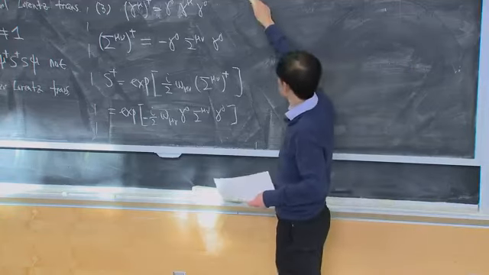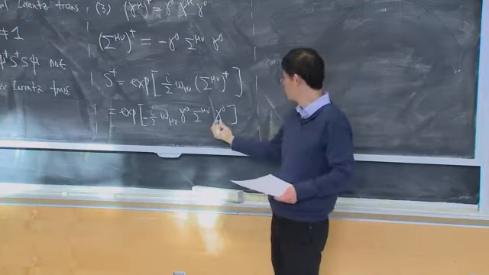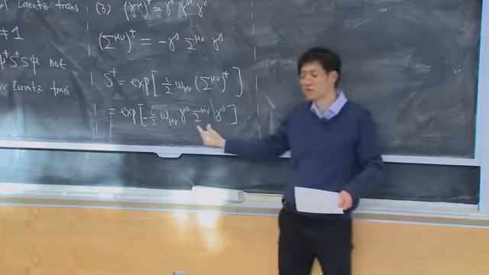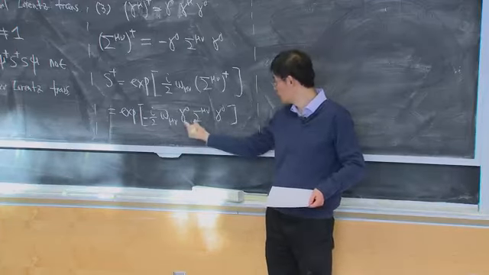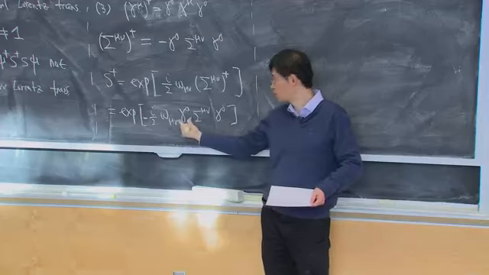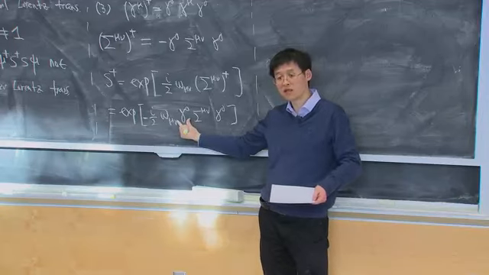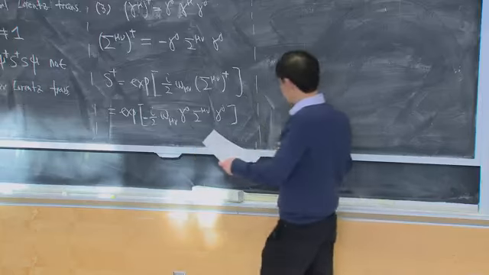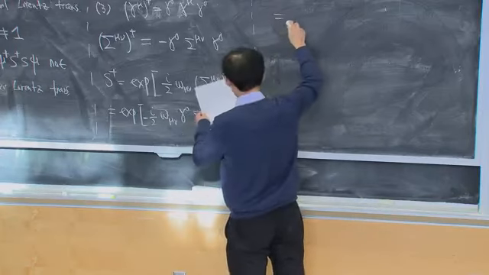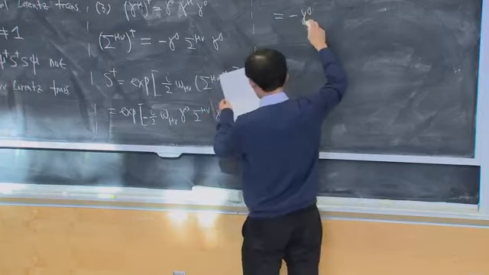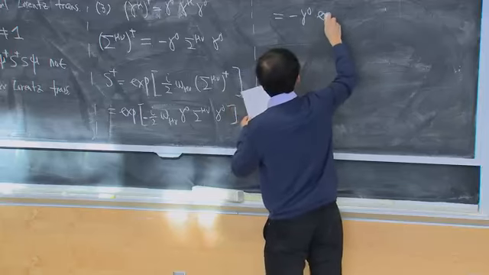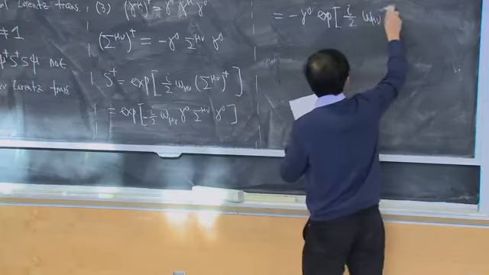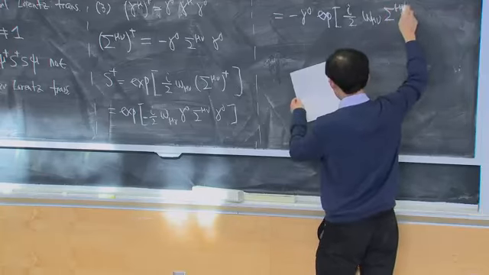Now, if you remember, gamma 0 squared is equal to minus 1. Whenever you have such a situation, you can take the gamma 0 outside the exponential. So this is equal to minus gamma 0 times the exponential of i over 2 omega mu nu sigma mu nu, times gamma 0.